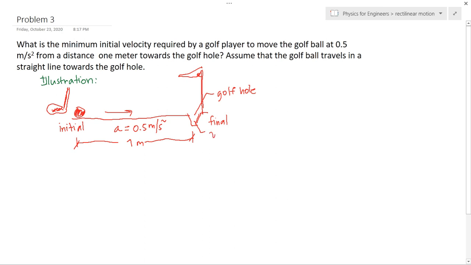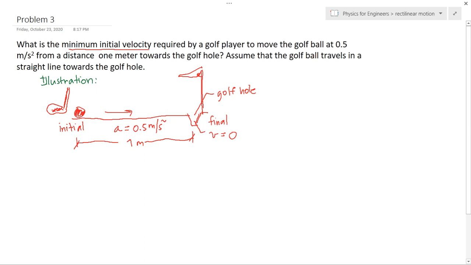So what is the final velocity? 0. Because if your final velocity has a value, then your initial velocity may be greater than. But here it states the minimum initial velocity. So the minimum initial velocity is satisfied when the ball is already in the golf hole location, your velocity there is 0 because you have stopped.